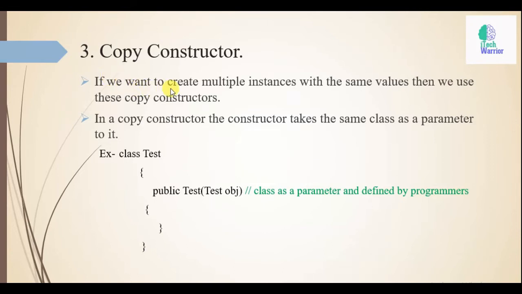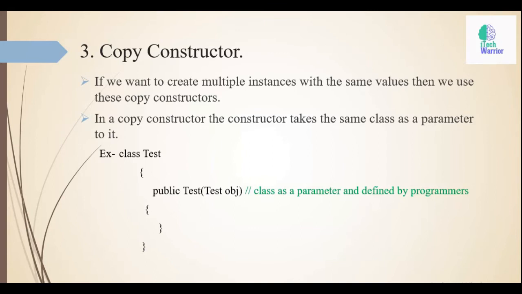If we want to create multiple instances with the same value, then we use this constructor. So in a copy constructor, the constructor takes the same class as a parameter. Copy constructor is also explicitly created by the programmer, and in this constructor we want to create multiple instances with the same values, then we use the copy constructor.